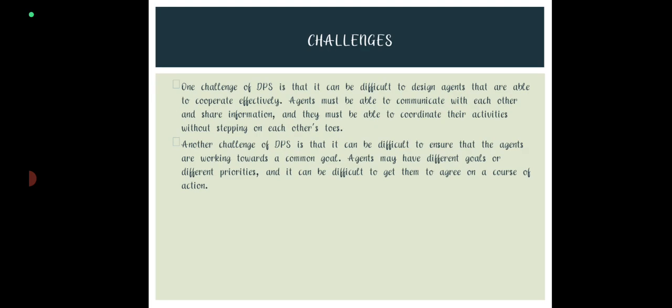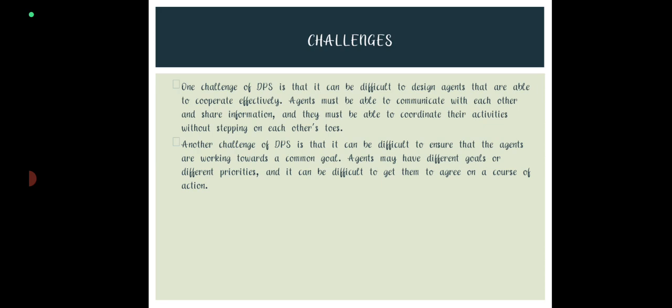These are the challenges. One challenge of DPS is that it can be difficult to design agents that are able to cooperate effectively. Agents must be able to communicate with each other and share information, and they must be able to coordinate their activities without stepping on each other's toes.